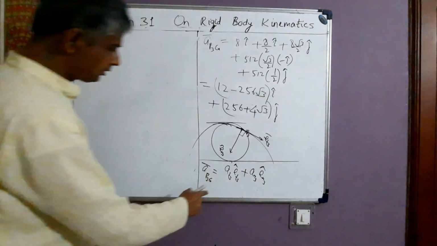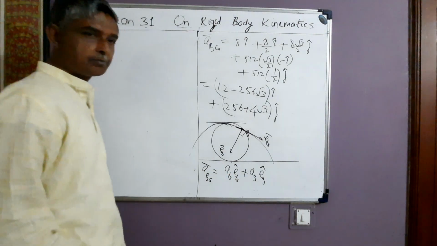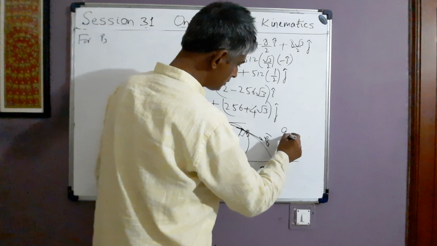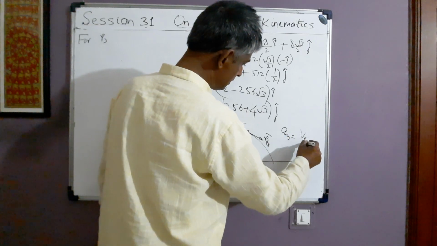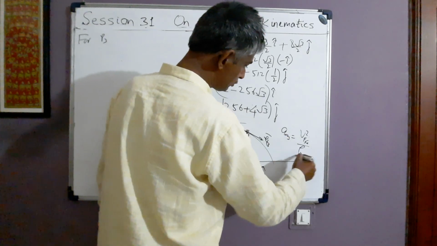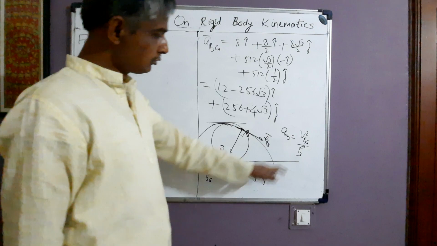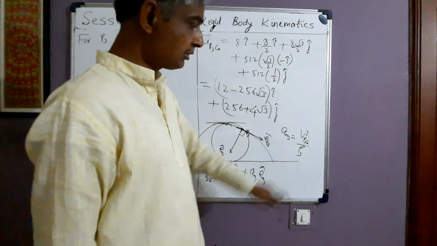So for now, what is AN3? Normal acceleration of P3. So AN3 becomes VP3G square by rho 3. Now rho 3 determination, you need this VP3G.